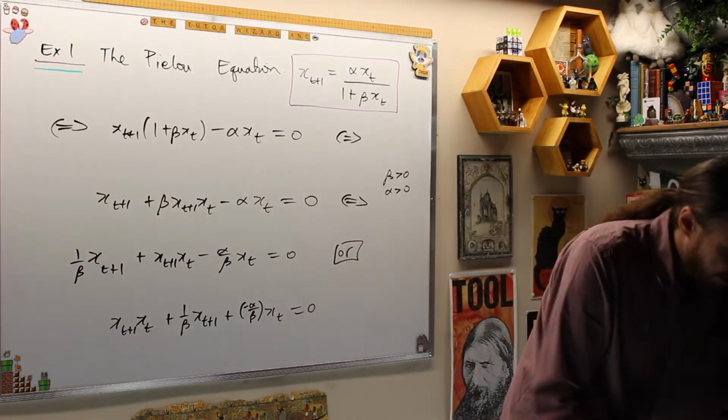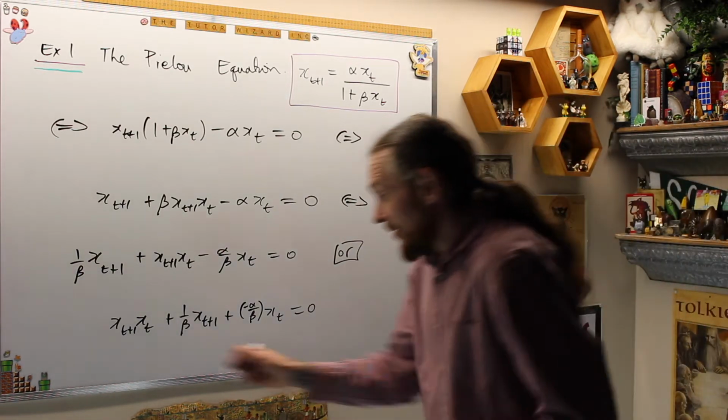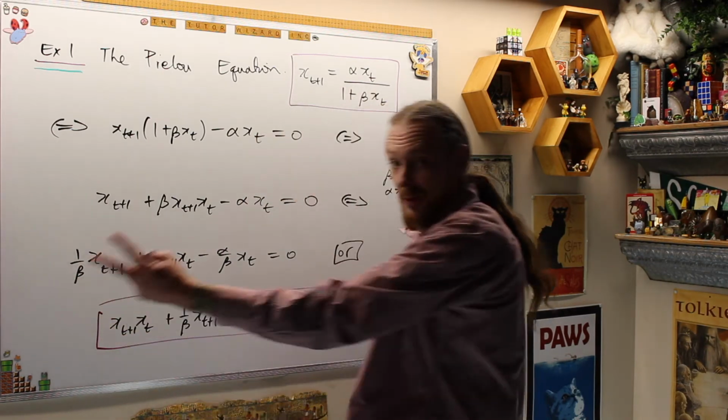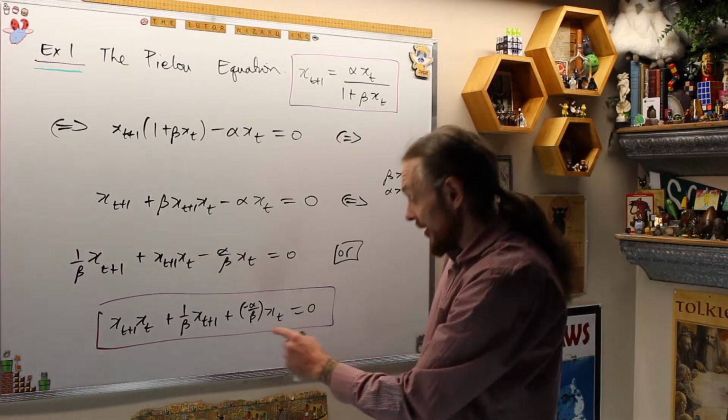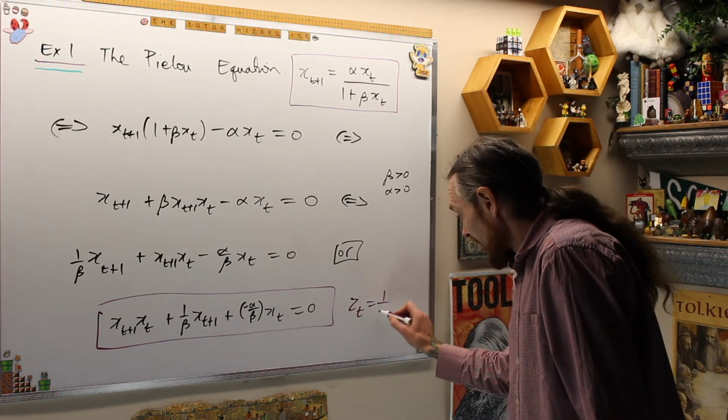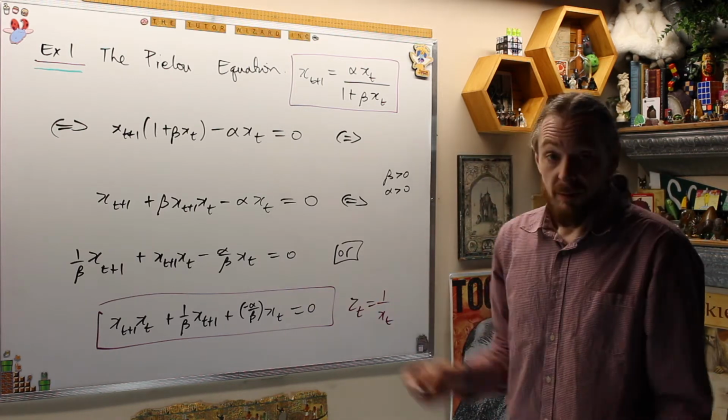And this is the form that the book will usually give you. If you have one term that has the product of both of them, another term that has just xt plus 1, another term that just has xt, we can now make the substitution zt is 1 over xt.